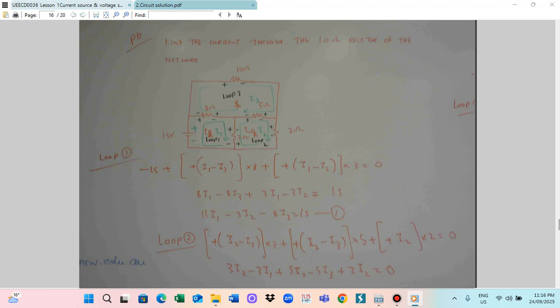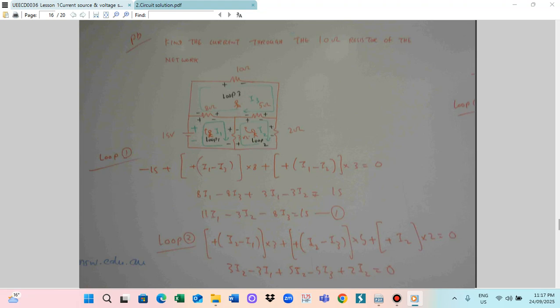We assume that I2 is greater than I3, so we calculate I2 minus I3.